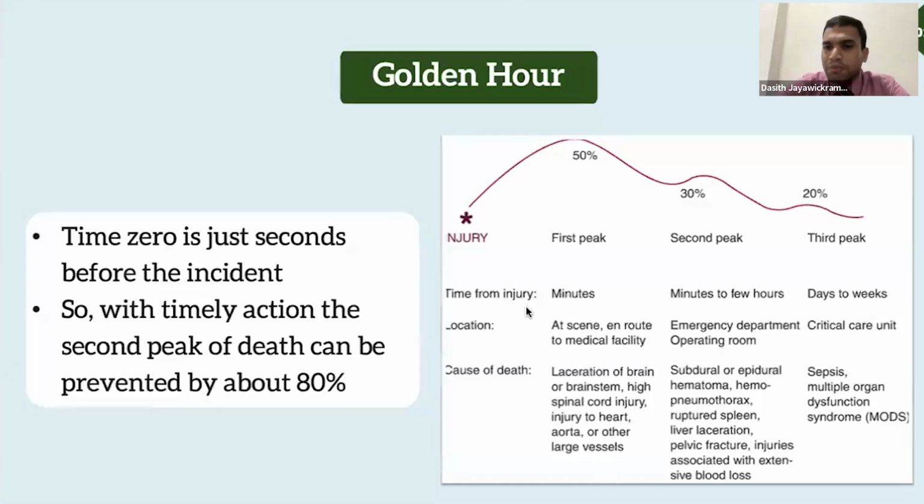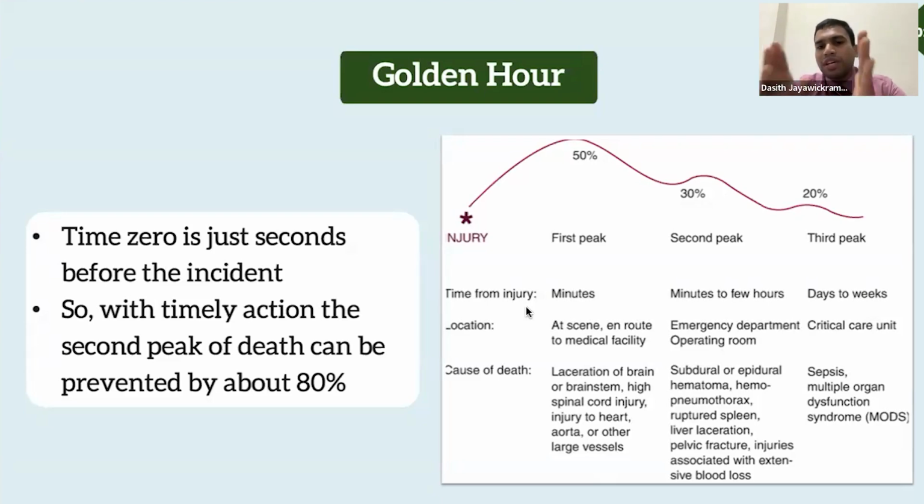And next comes the third peak. The third peak is usually around 20% of the trauma deaths. It comes in from days to weeks. Usually the patient will be in the critical care unit, and the cause of death will be sepsis, multi-organ failure, like that. So that peak of death we can't control with the golden hour.